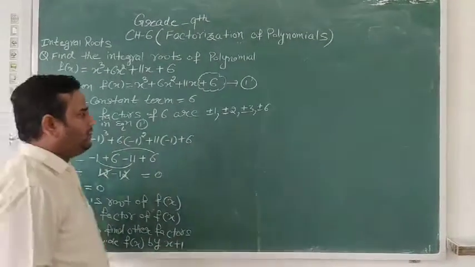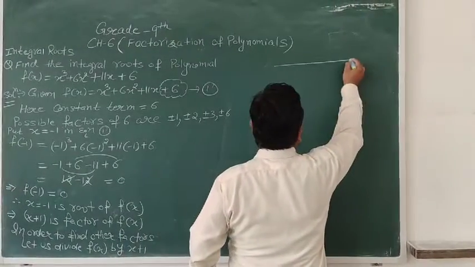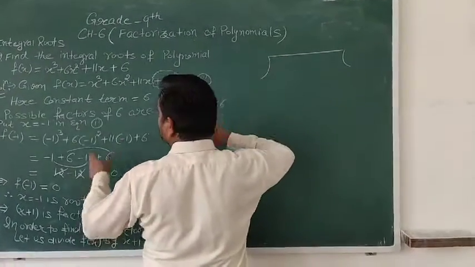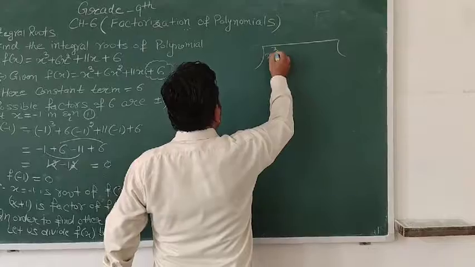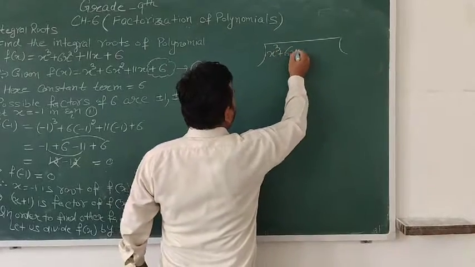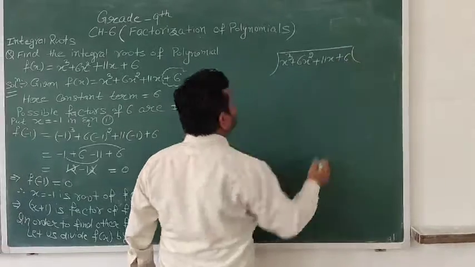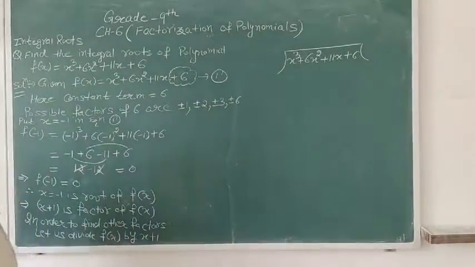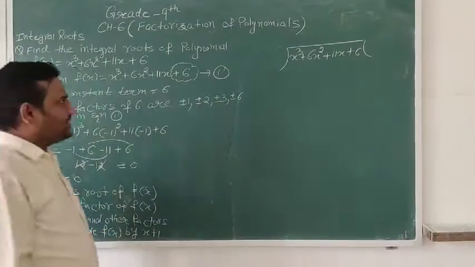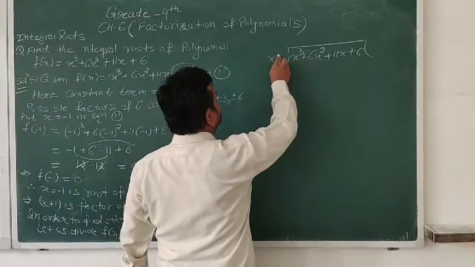So see how we divide here. I am writing here f of x, which is x cube plus 6x square plus 11x plus 6. We have to divide it by x plus 1. So let us divide by x plus 1.